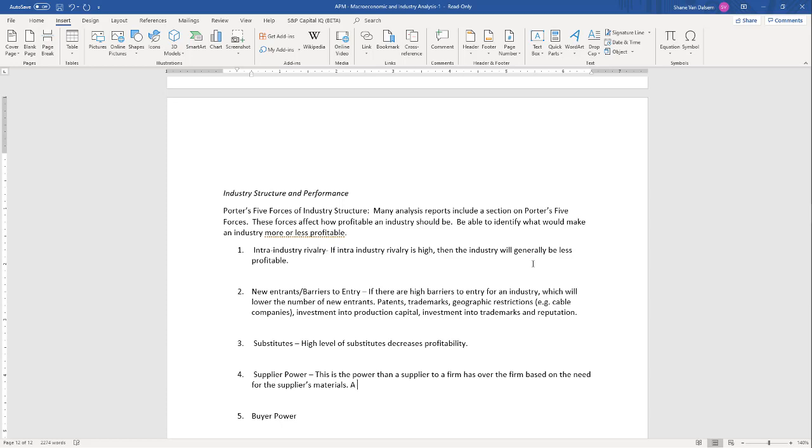A rule of thumb here is that if a supplier provides materials for at least 20% of a firm's sales, then the supplier has power over the firm.